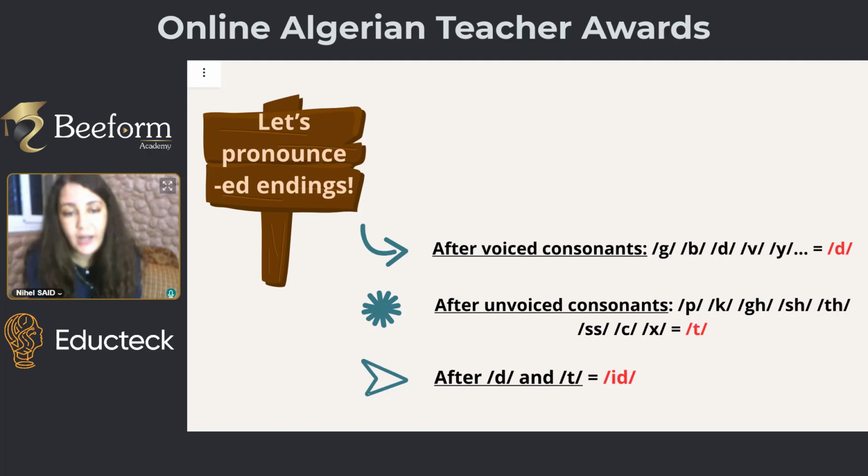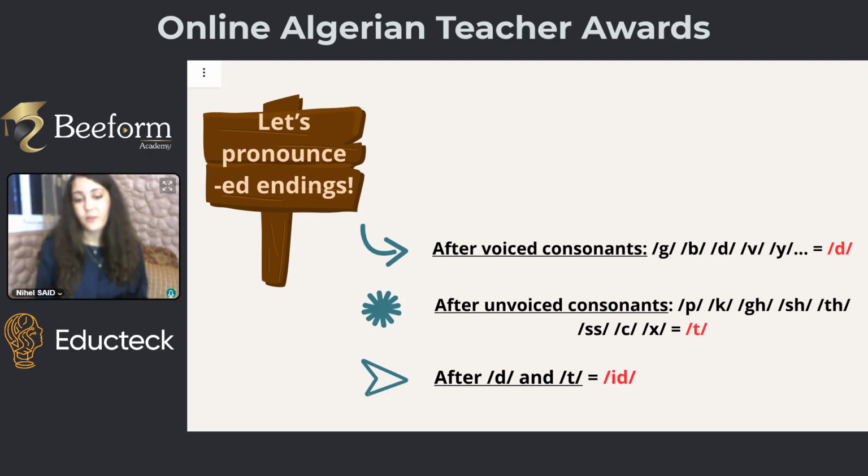Now we will look at some pronunciation. Let's pronounce ed endings. Now you might notice that this is important. This is key to our lesson here, because the past tenses here are the operational tenses. So we will have to master this.